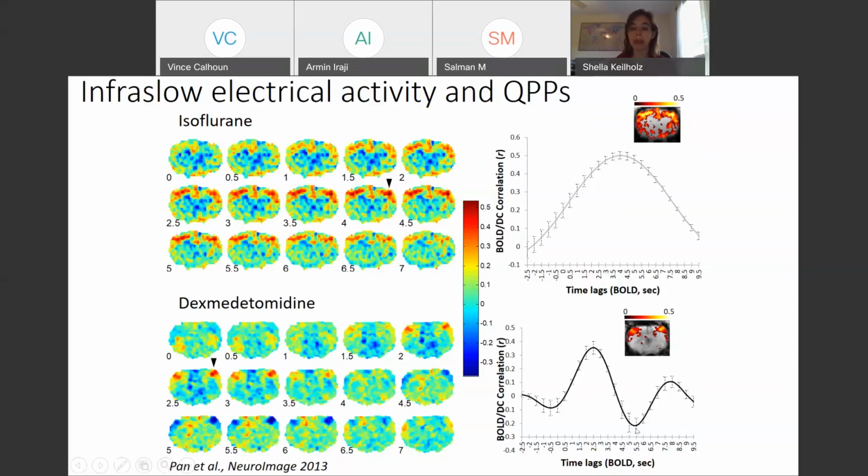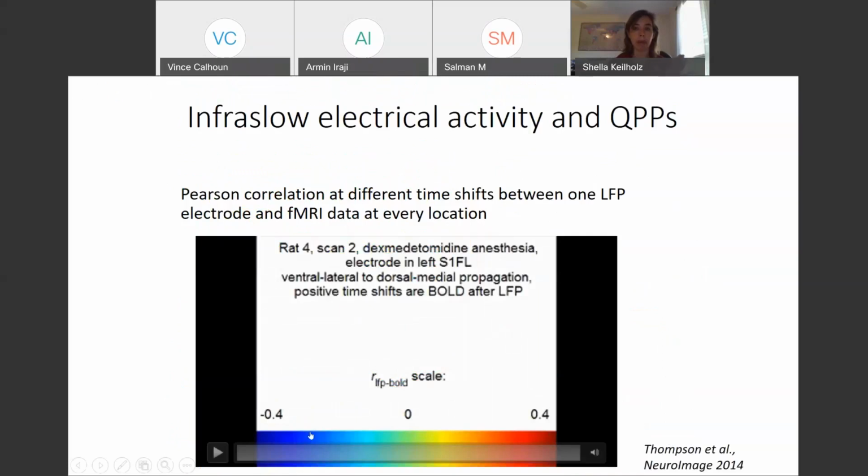And then we get this anti-correlation, which implies a propagating signal like we see in the QPP. So we made videos of this and looked directly at the comparison between the QPP template that we obtained from the BOLD data alone, and the correlation between one electrode in the brain and the MRI signal at different time lags.